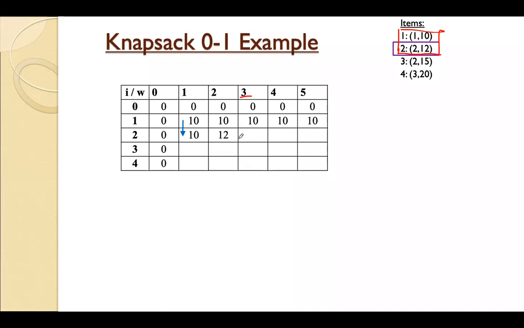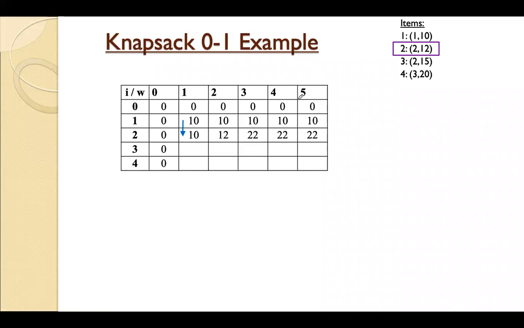Whether it will be same 12. See, now we have two items. Two items together, how much will it weigh? It will weigh 3 kg. Okay, 1 and 2. And what will be the profit? Profit is 22. So we'll write 22. And 4 kg, 5 kg, there is no other possibility for this. So we'll write the 22 in next two columns.